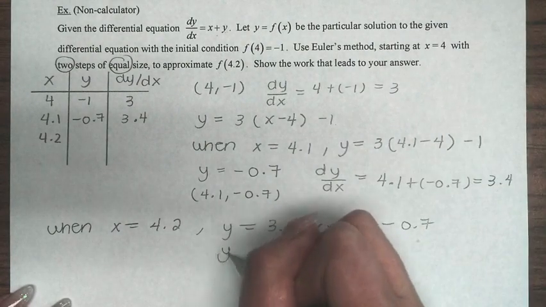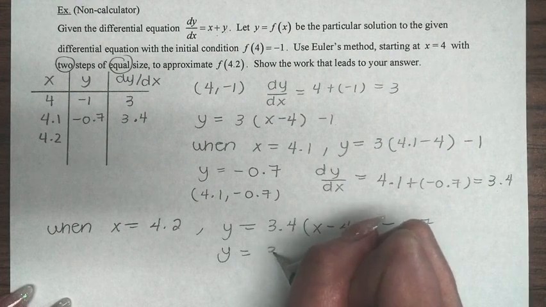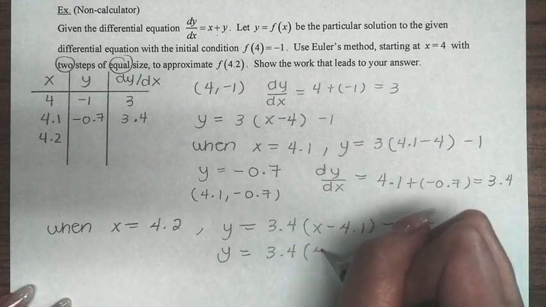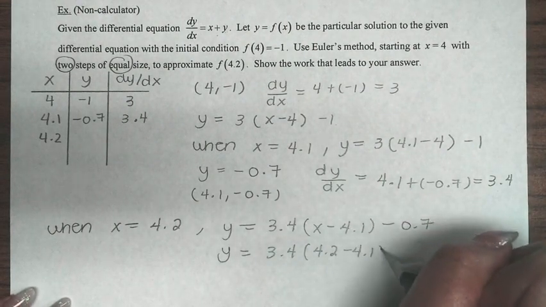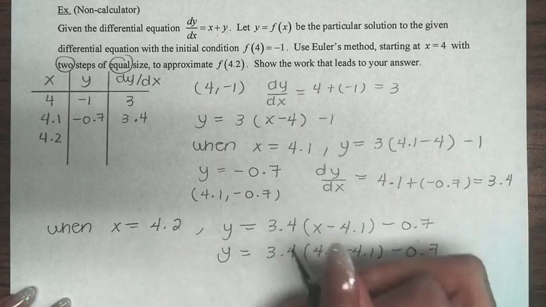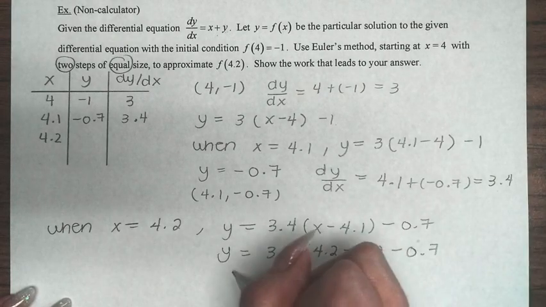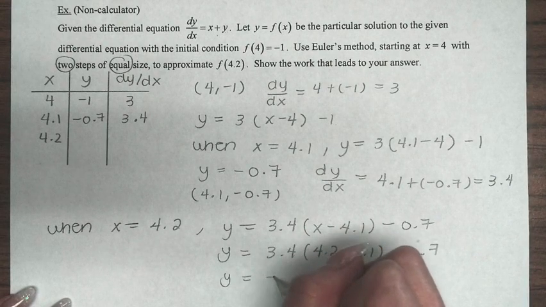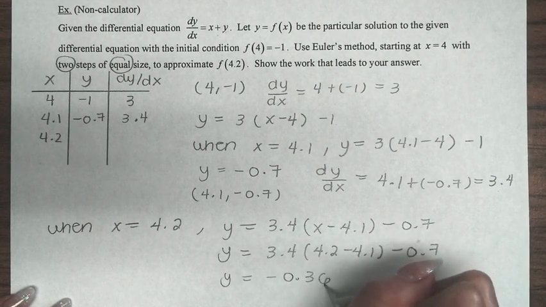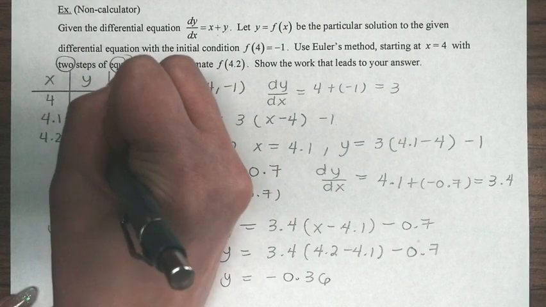So this is going to be equal to 3.4, and you can plug the 4.2 here, minus 4.1 minus 0.7. Over here you have that y would be equal to -0.36, and that's the number that we were looking for.